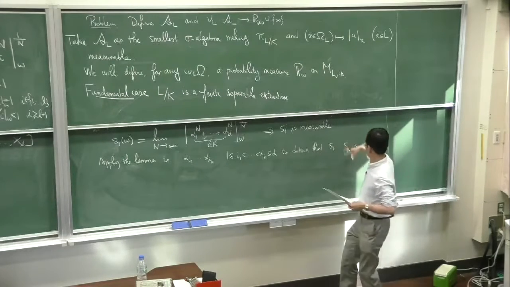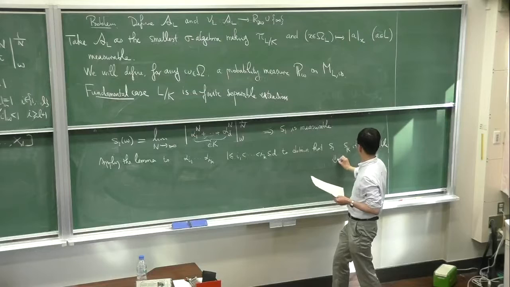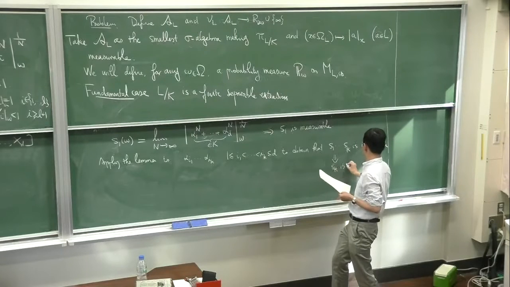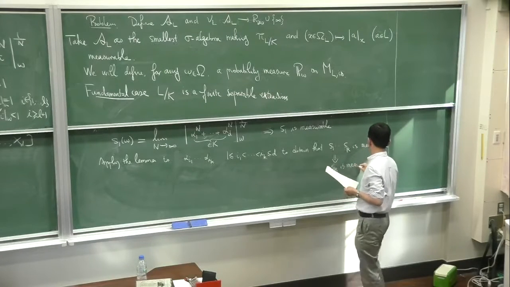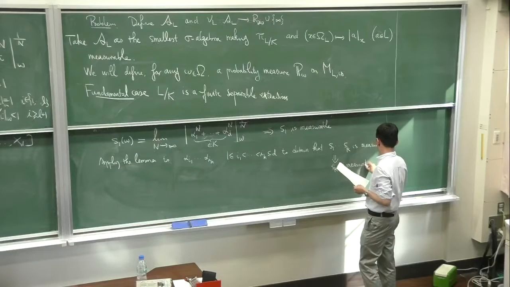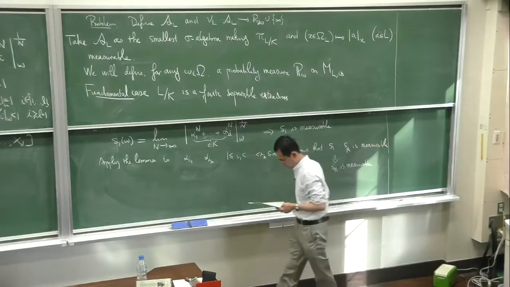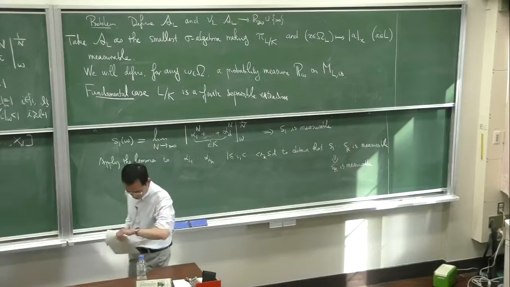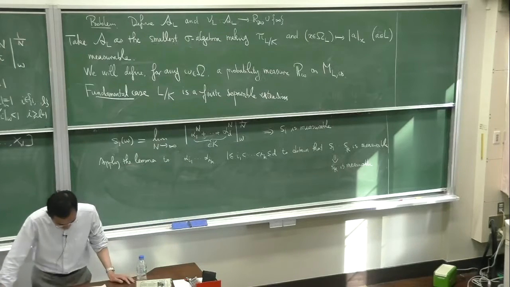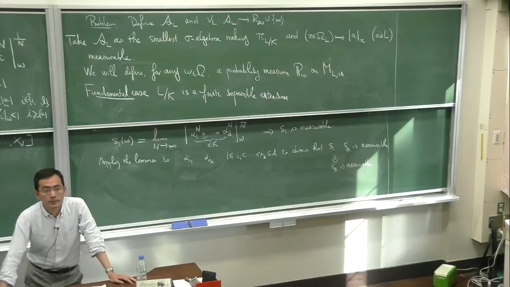And so if you know all these products are measurable, you get that S_k is measurable for all k. And then you get the desired result. Okay, thank you very much.